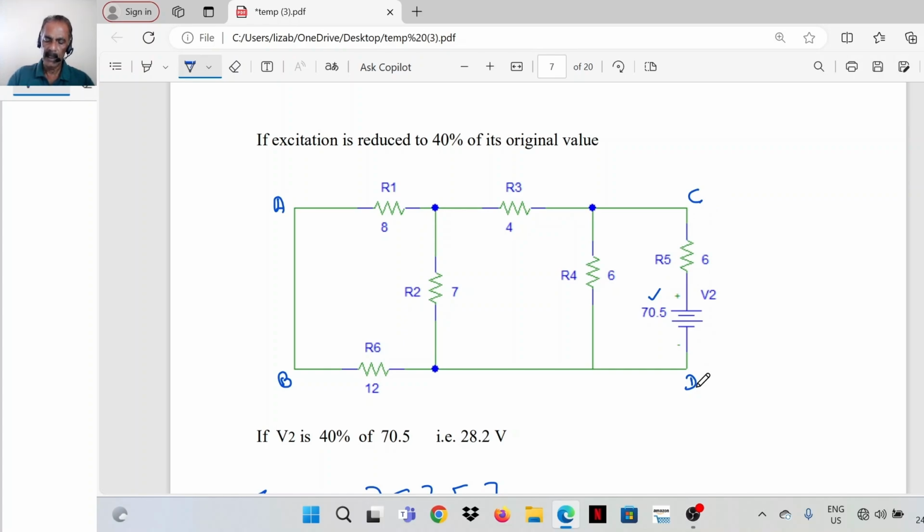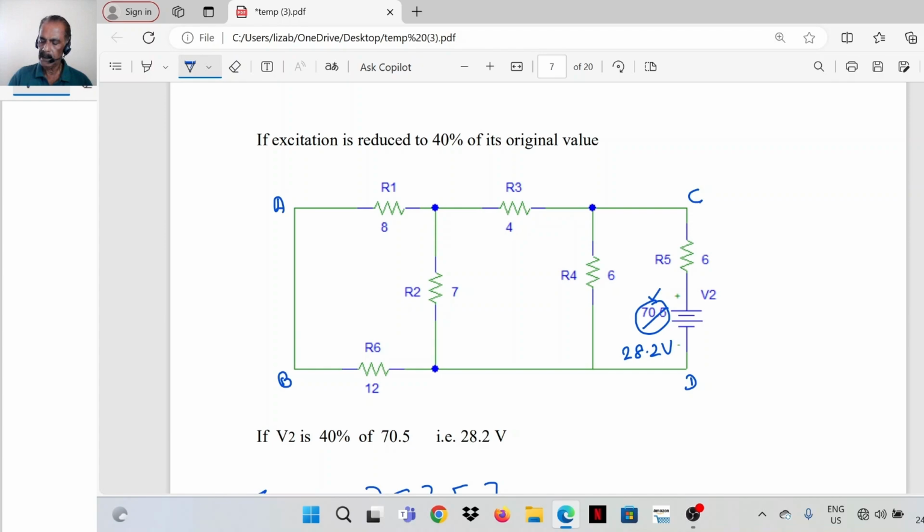So instead of that, if we reduce it to a lower value, so instead of 70.5, we are applying a percentage of that, 40%. You can apply even above 70.5 also. So if the excitation is reduced to 40% of its original value, this will be 28.2 volts, 40% of 70.5.